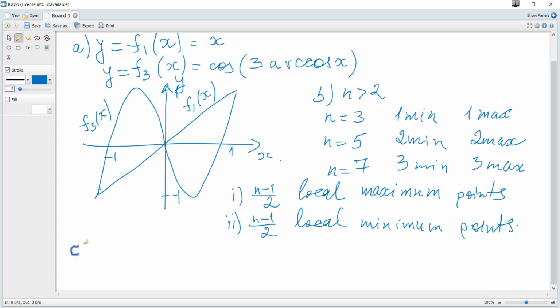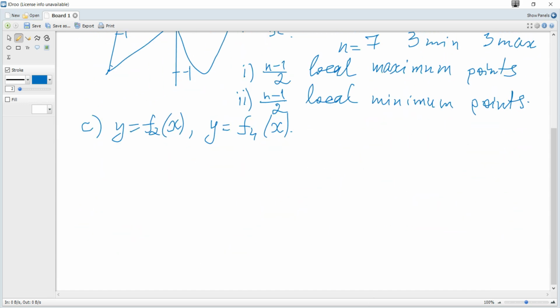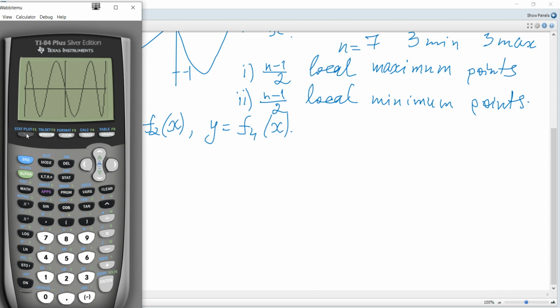Next, on a new set of axes, sketch the graphs of y = f2(x) and y = f4(x) for x greater than or equal to -1 and less than or equal to 1, 2 marks. So let's consider n equal to 2, and it looks like this.